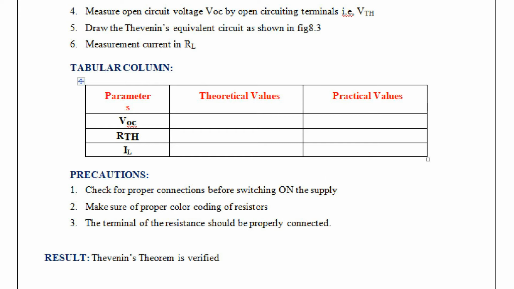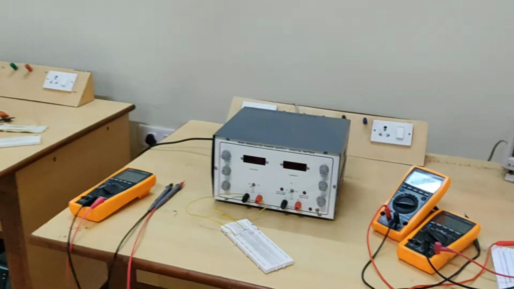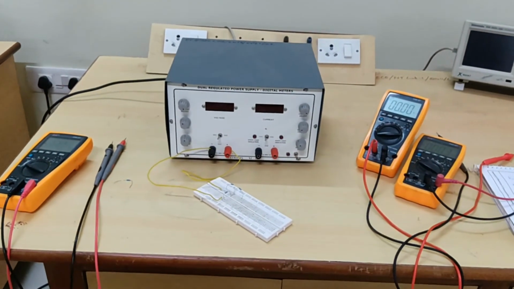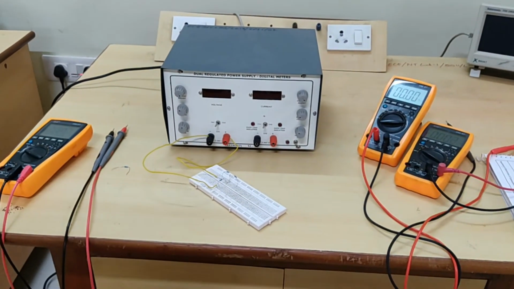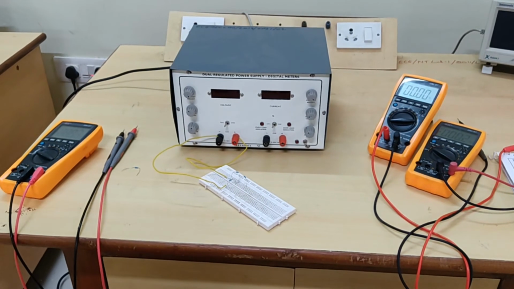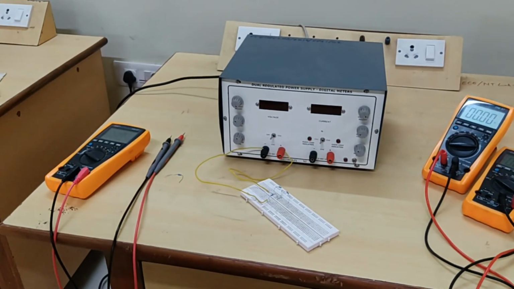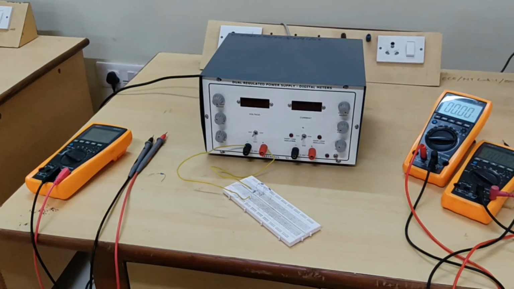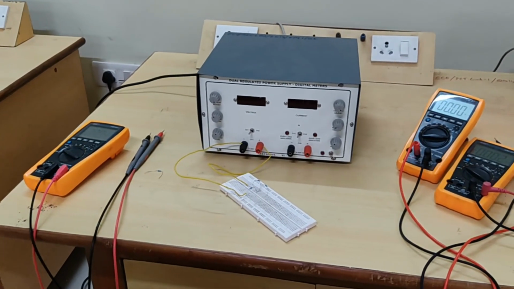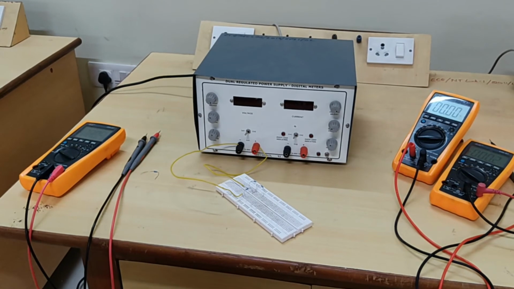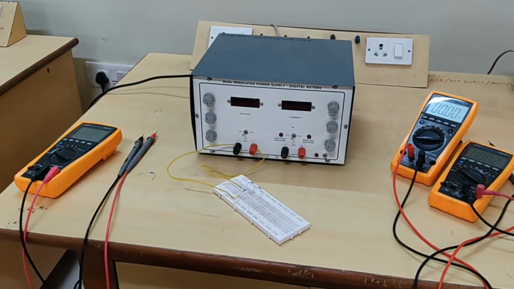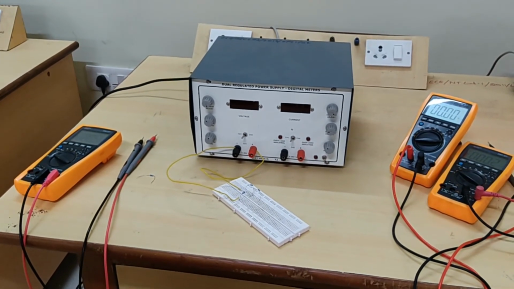So let us continue with the lab experiment. Today our experiment is verification of Thevenin's theorem. According to the statement, any two-terminal linear bilateral network consisting of independent sources, dependent sources and resistors can be represented with an equivalent network, which consists of a voltage source in series with a resistance.